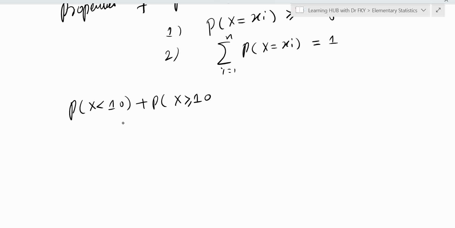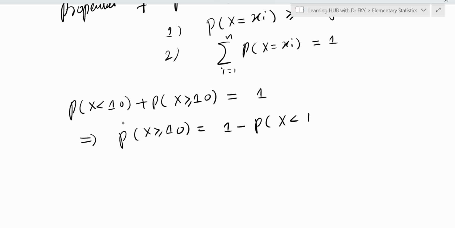or equal to 10. This means from 10 to 15. The sum of the probability over all values is equal to 1. So this means that you can calculate what we need. This probability is equal to 1 minus the probability of x less than 10.